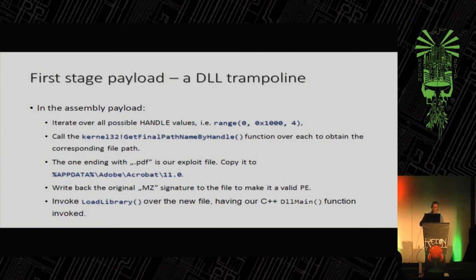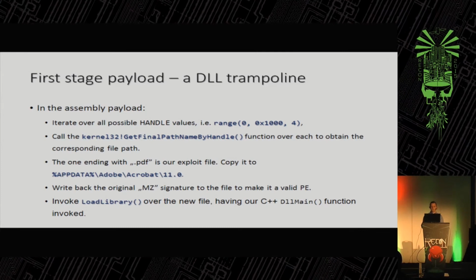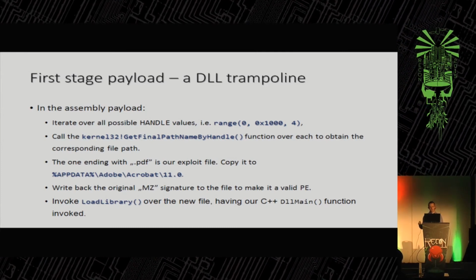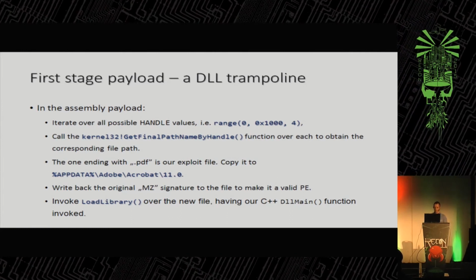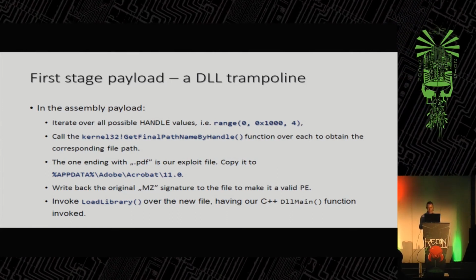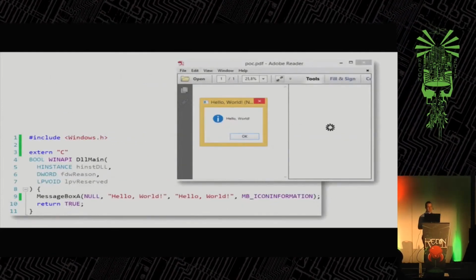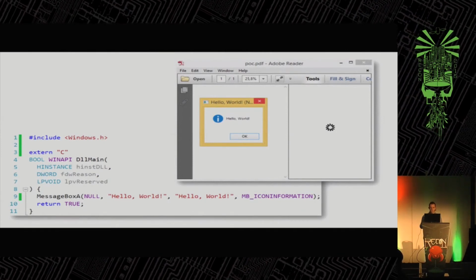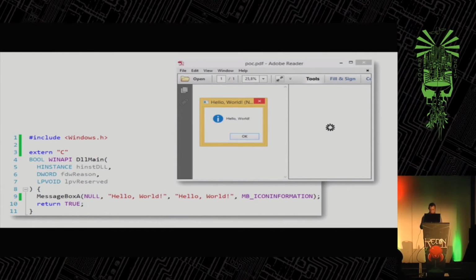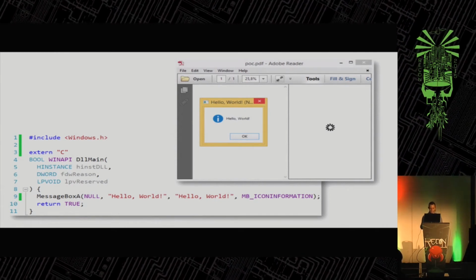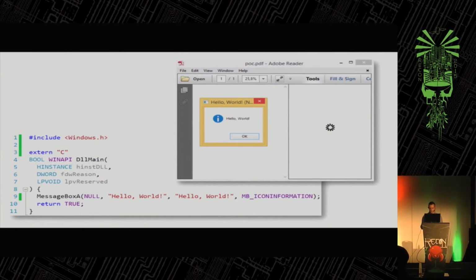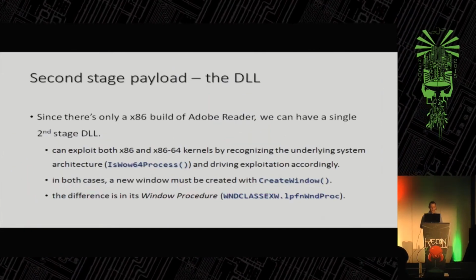And I would write back the original MZ signature after copying the file into the temporary directory and then invoke LoadLibrary over that file within the temporary directory. And you can see that after I did it, it worked pretty well. I could actually write a C++ second stage payload, and it would show as a message box inside of Adobe Reader. So I could now write C++ code that could elevate privileges pretty conveniently.